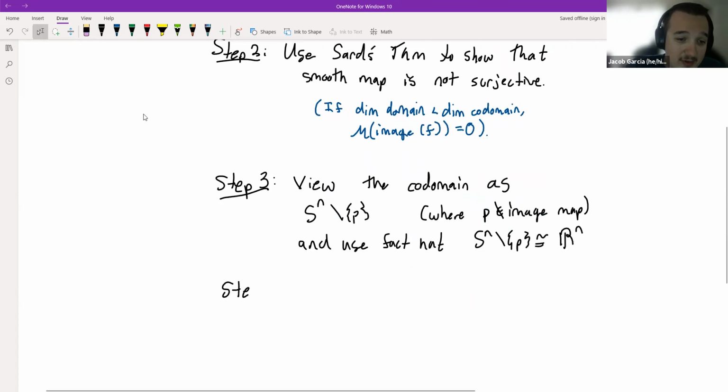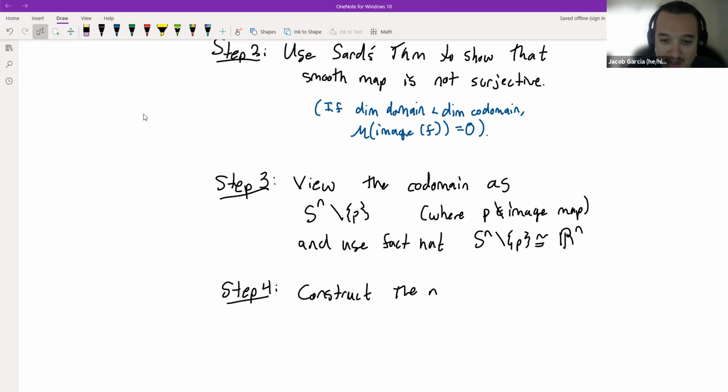And then finally, for the last step, you just construct the required contraction, or I guess the required homotopy, using the contraction of Rn homotopic to a point.